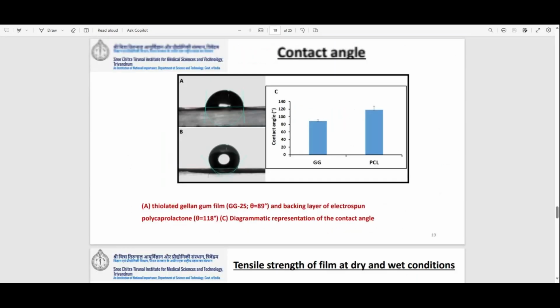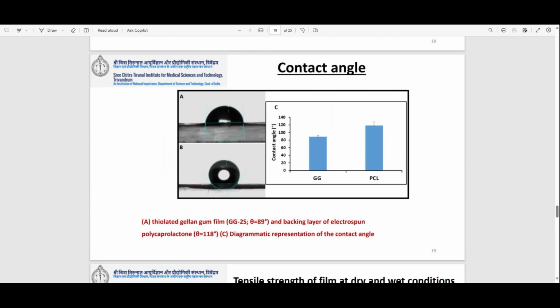Our aim is also to introduce a hydrophobic backing layer. Even though we are using hydrophobic polycaprolactone, depending upon the porosity and other factors, the hydrophobicity can be changed. So here the value 118 is significantly good, and we can have a significant backing effect, or there will be a resistance.